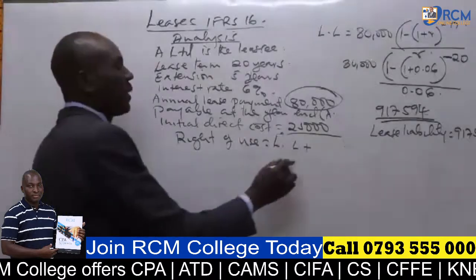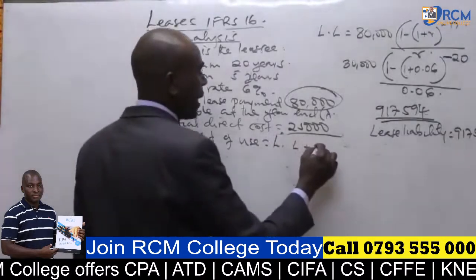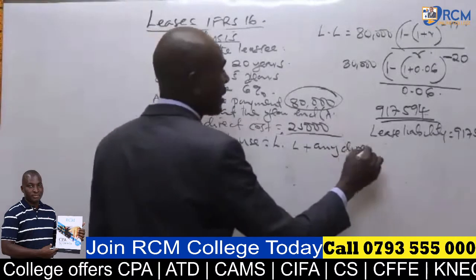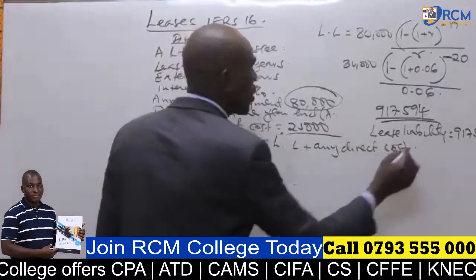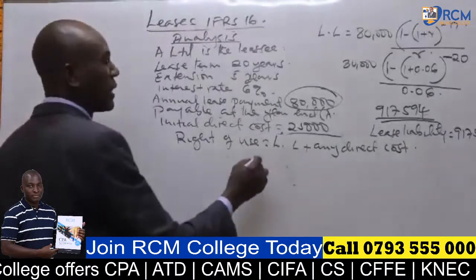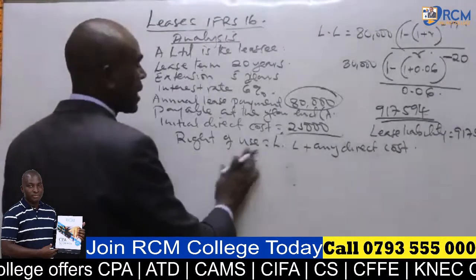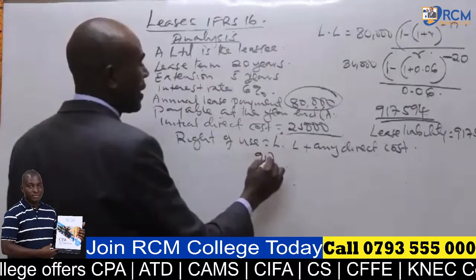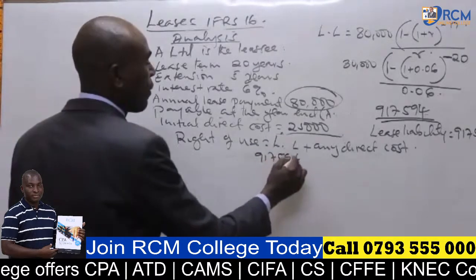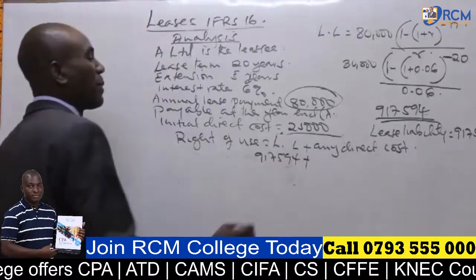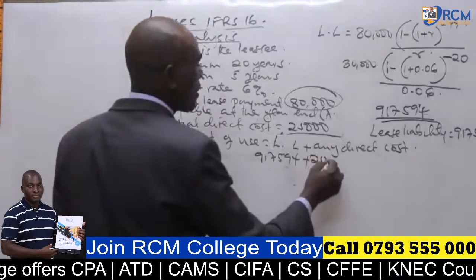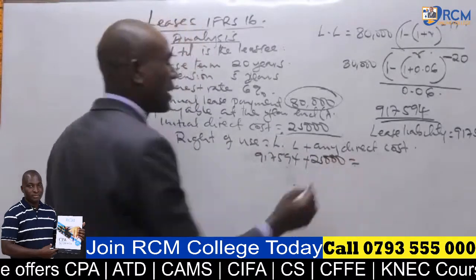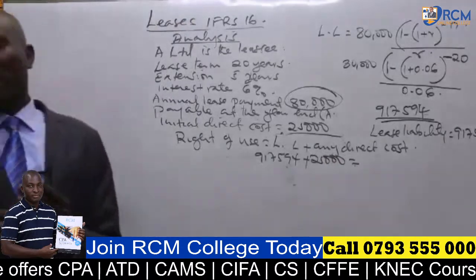In this one, we add any direct cost. The right of use, therefore, I will take 917,594 plus 25,000, because I have initial direct cost.